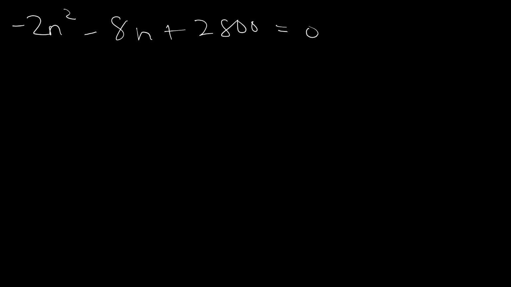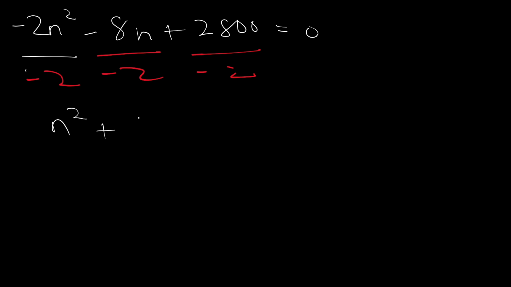If we divide both sides by negative 2, we'll have N squared plus 4N minus 1440 equals 0.